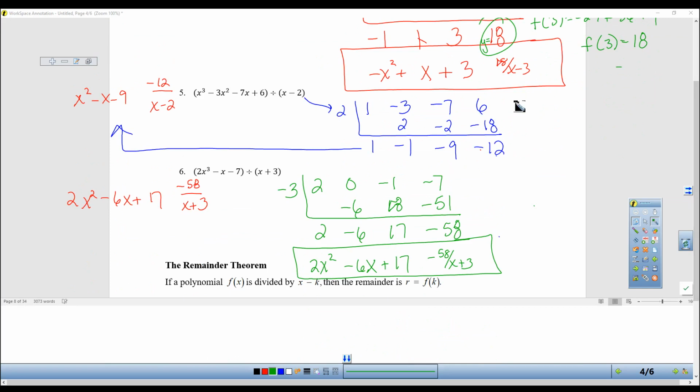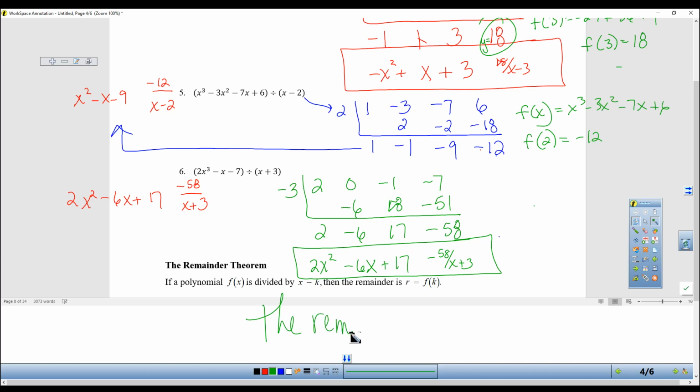So on this one, this function, the original function, is x cubed minus 3x squared minus 7x plus 6. If I asked you for f of 2 and you didn't feel like plugging 2 in, you could do synthetic, and what would the answer be? -12. So they call it the remainder theorem because the remainder is the y value.